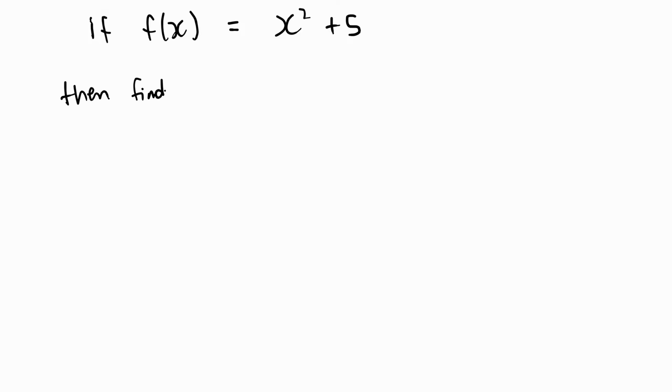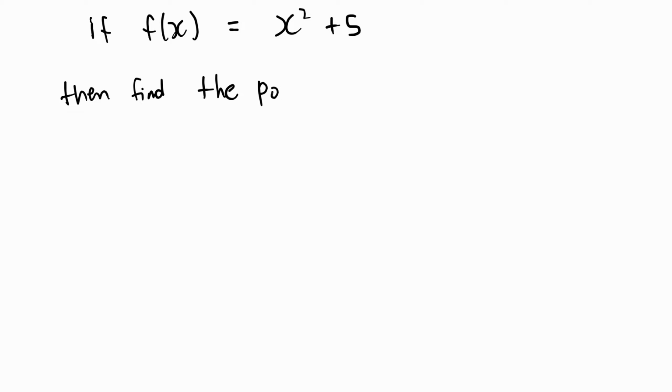Alright, another example. If f of x is equal to x squared plus 5, I hope you're getting the hang of it now. Then find the possible values of a such that f of a is equal to 41.